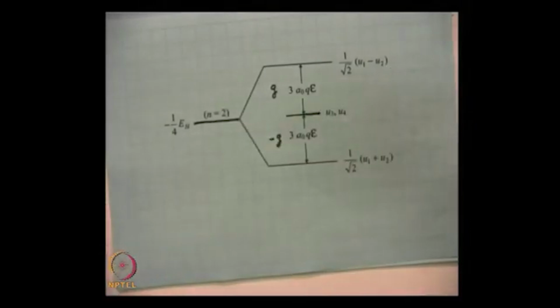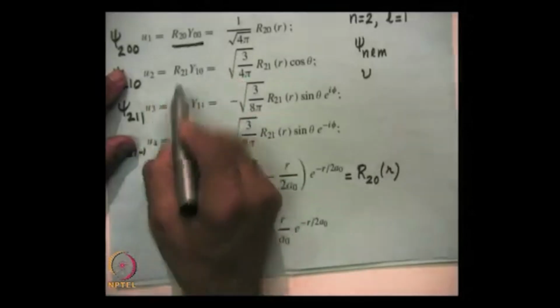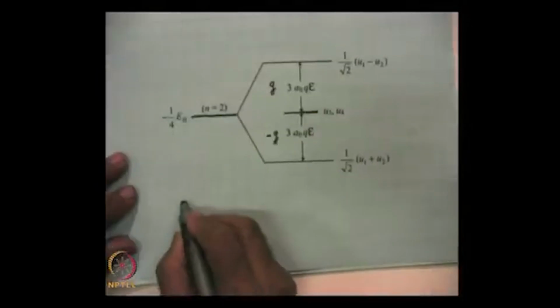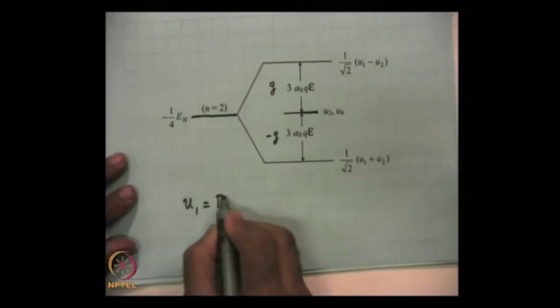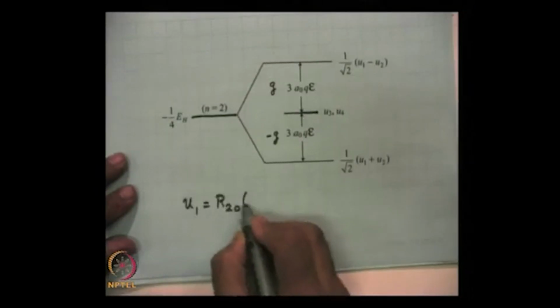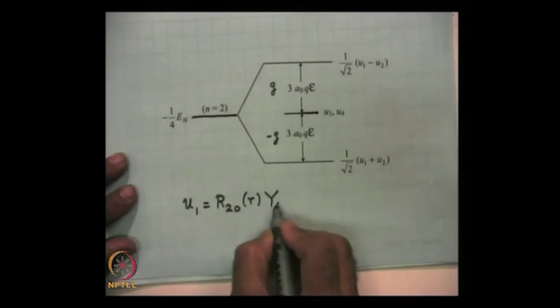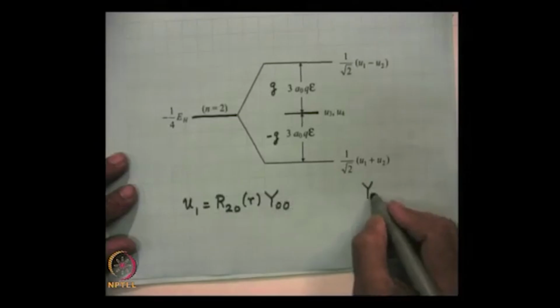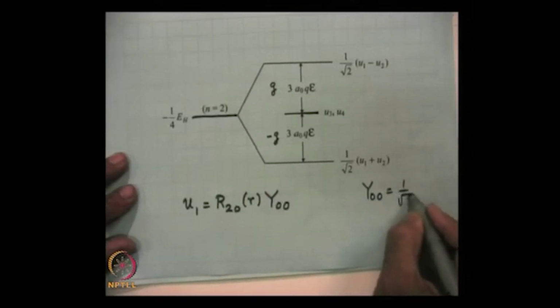And the question arises, as we had mentioned, what are u1 and u2? We had mentioned that u1 is r20 y00, u2 is r21 y10. So, u1 as you recall was r20 of r, y00 of theta phi, and y00 is just 1 over root 4 pi.